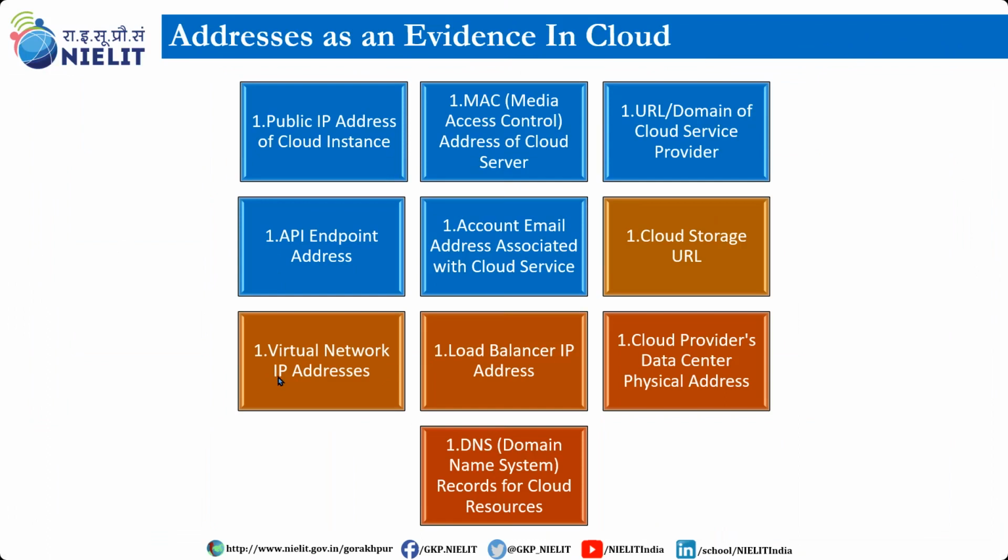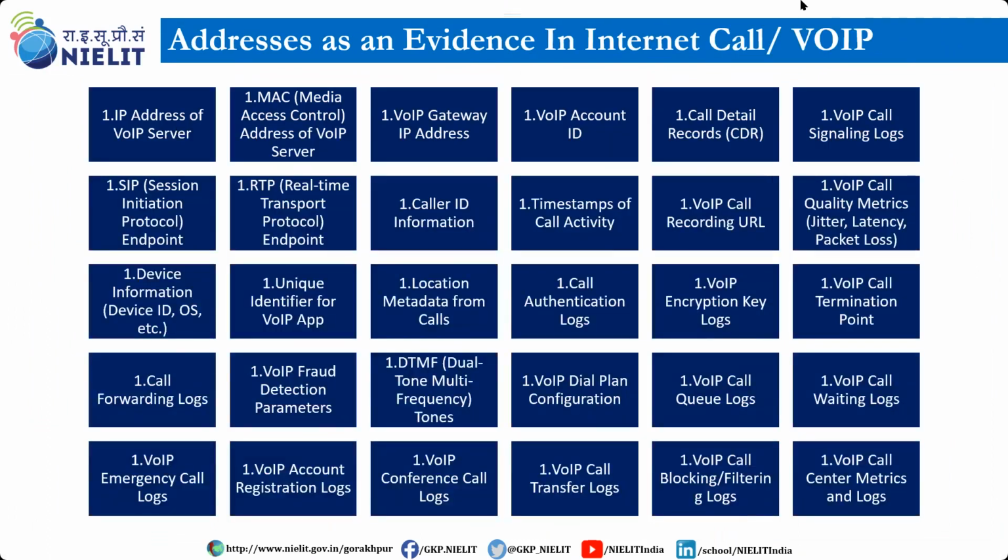Then virtual network IP address, load balancer IP address, cloud provider domain name associated with the services hosted on the cloud platform. Then internet call, voice over IP call, there can be the IP address of the VoIP server, MAC address of the VoIP server, VoIP gateway IP address, who is providing this VoIP service, and our call is getting routed through different routers.